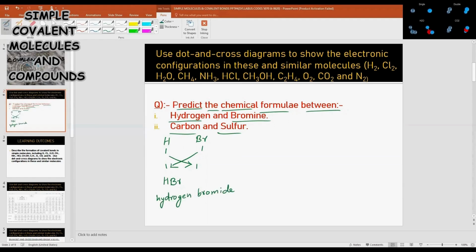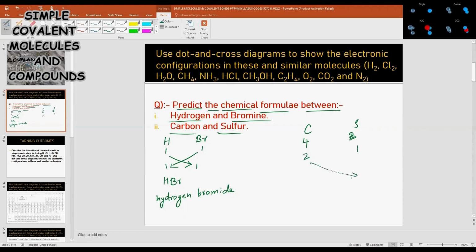Next one is between carbon and sulfur. C is the symbol for carbon. S is the symbol for sulfur. Valency of carbon is +-4. So I'm ignoring its charge. I will write 4. And valency of sulfur is -2. Again, ignore its charge. But look at these numbers. These are even numbers. Then these will be divided by 2. What we will get? We'll get 2 and 1.